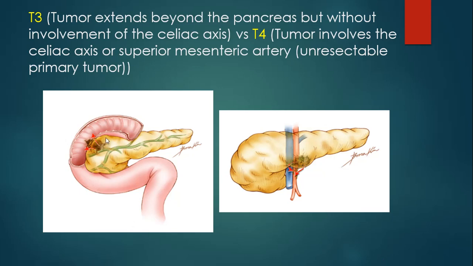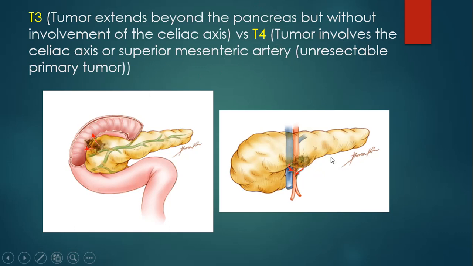are those that extend beyond the pancreas but within the involvement of the celiac axis. You can see here the T3 tumors size is not what matters, but actually the extension to the surrounding tissues matters, while T4 tumors are those which involve the celiac axis or the superior mesenteric artery.